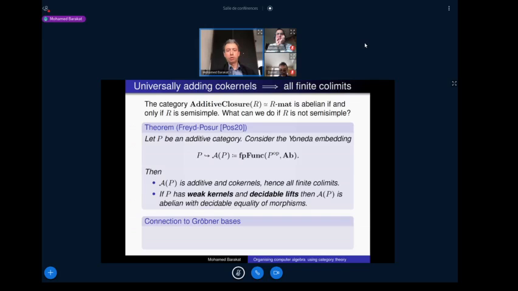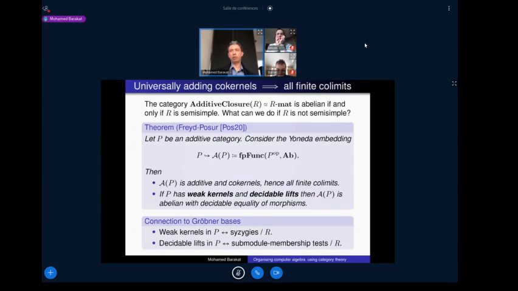So what is the connection to Gröbner basis theory? And this is also stuff known to Alban. The weak kernels in P, in our previous example of RMat, is nothing but the ability to compute syzygies over the ring. And the decidable lifts in P, the category of matrices from the previous slide, is nothing but the submodule membership test in R. So because of Gröbner basis theory, we have the full force of Freyd's theorem.